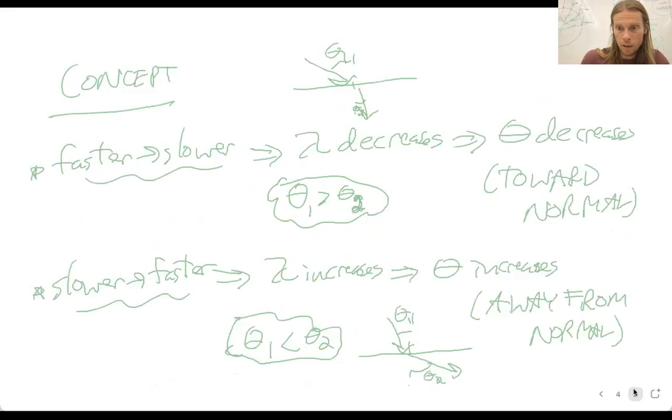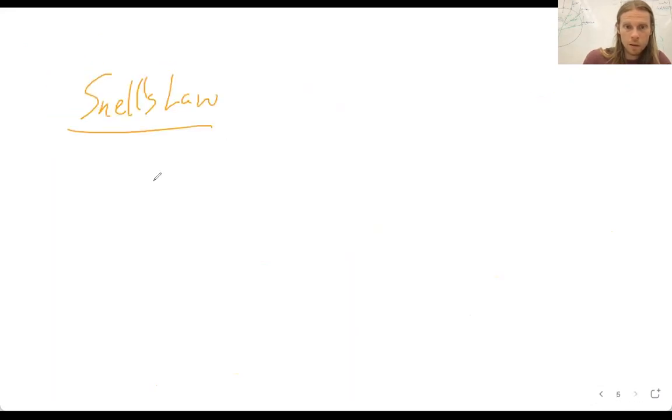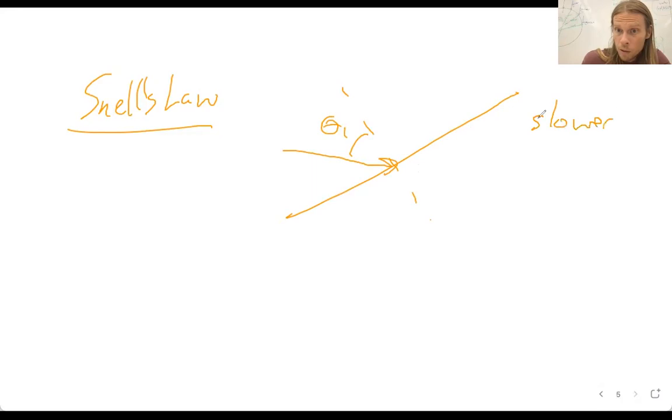I will rewrite it again over here. Snell's law says no matter what the surface is, if I have a normal line and I have an incident angle, theta 1, we'll say it goes slower. Pop quiz: slower is toward the normal line. Very good. Even at an angle, it doesn't matter.